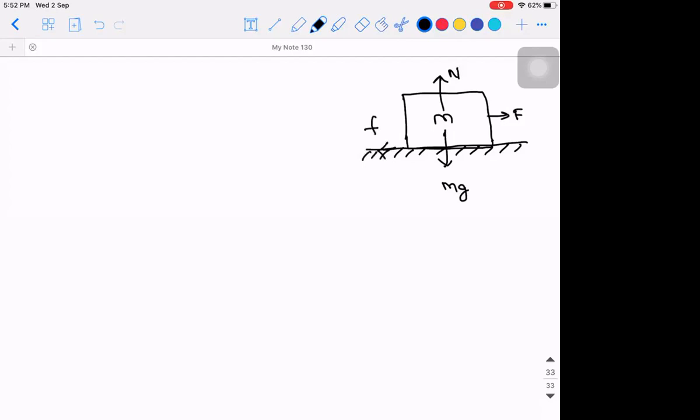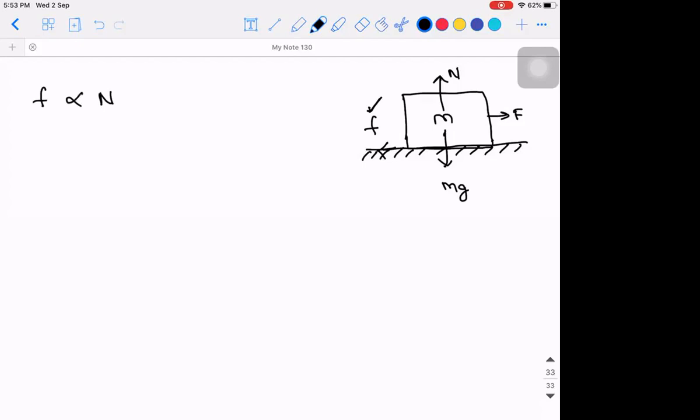Small f is the resistive force that is acting on the object. Going forward, I'll draw like this only, but you should have it in your mind that the block is also trying to exert a force on the floor. That point, I will not draw it every time. So I'll be drawing it this way only. One important point to be noted here is that the frictional force is directly proportional to the normal.